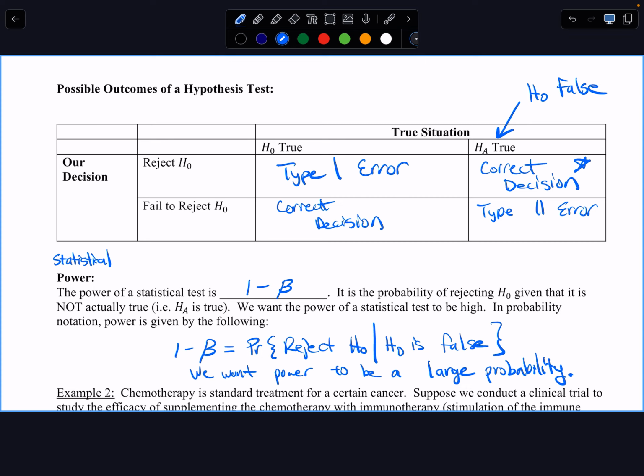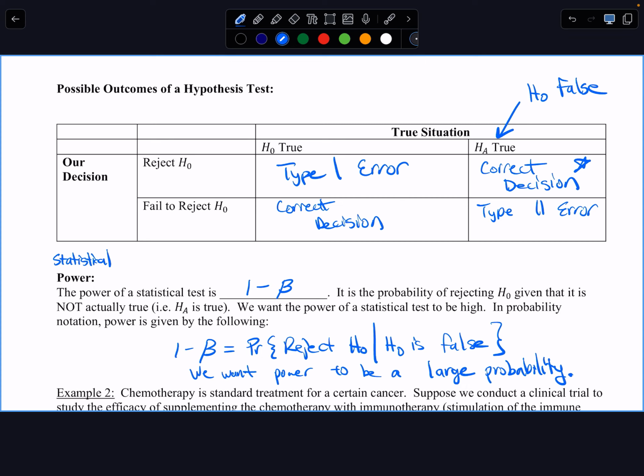Sensitivity and specificity, right? It turns out that for a hypothesis test, this power is very similar to the sensitivity of a test. Remember, sensitivity was like the probability of the test coming out positive and detecting that you have a disease, given that you do have a disease. Well, this is a similar thing. It's the probability of detecting that the null hypothesis is false, given that the null hypothesis is false.